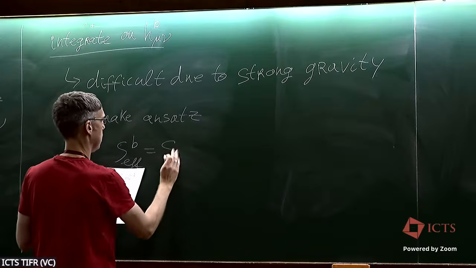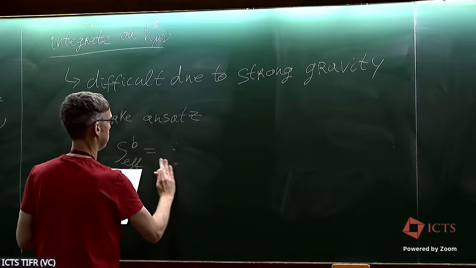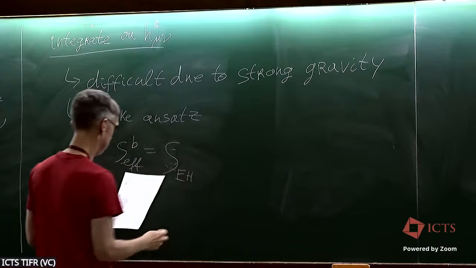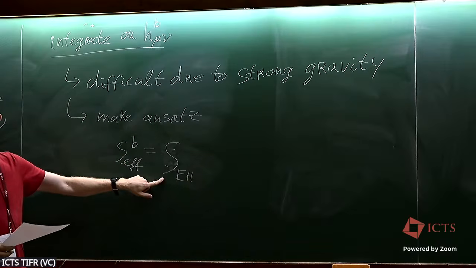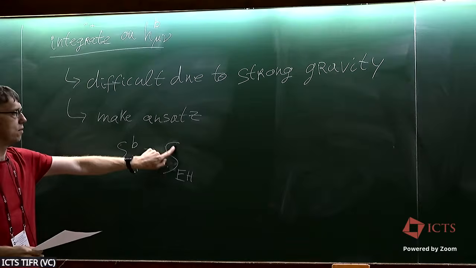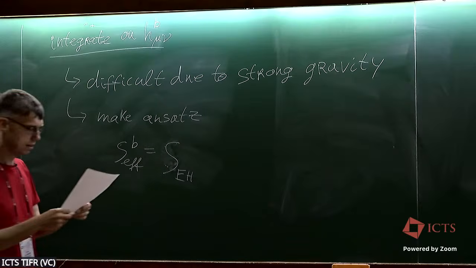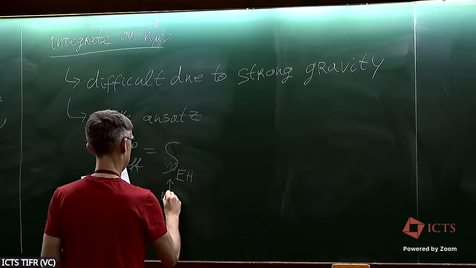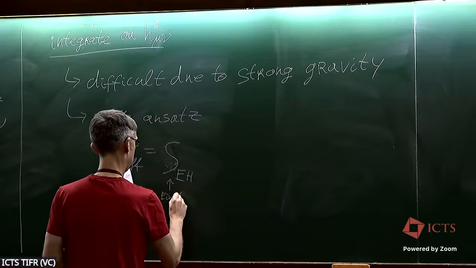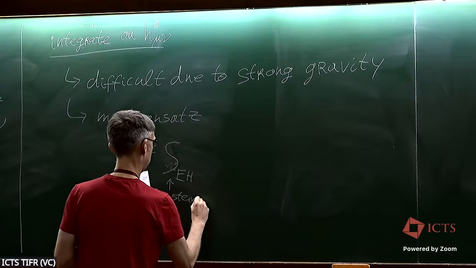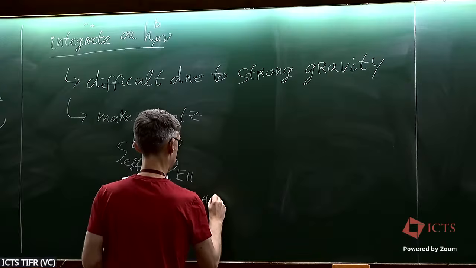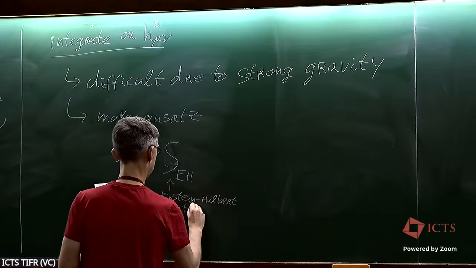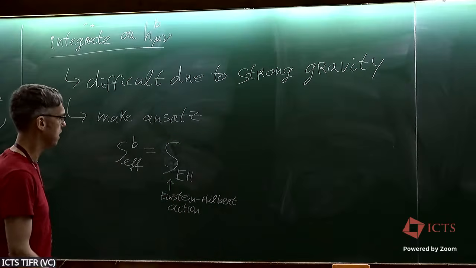So our effective action at the body scale will be the Einstein-Hilbert action still, right? So the action for the gravitational field basically is just the normal one. So we have the Einstein-Hilbert action.